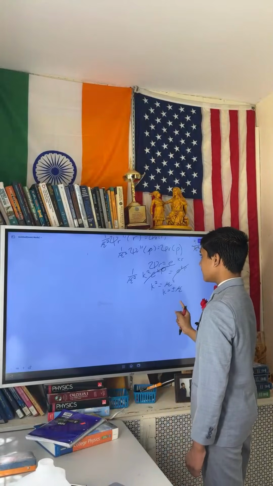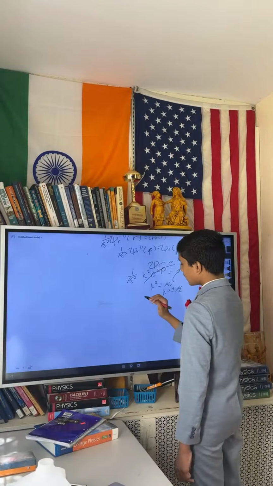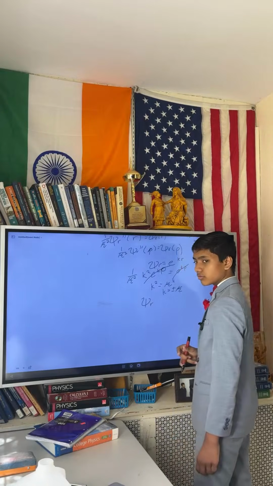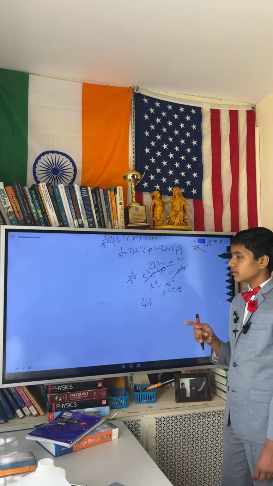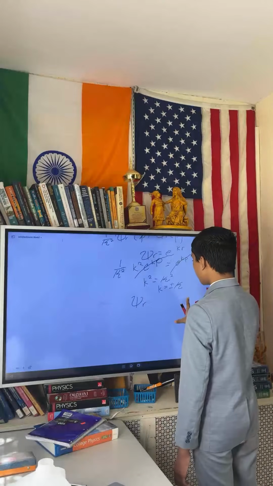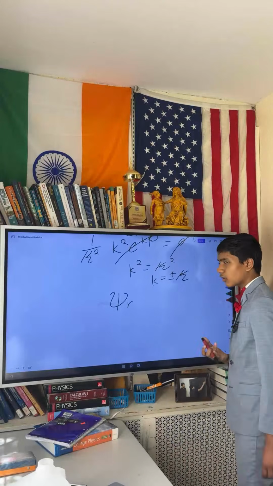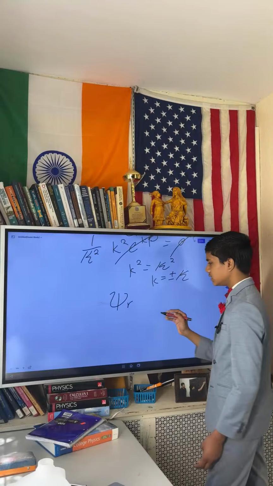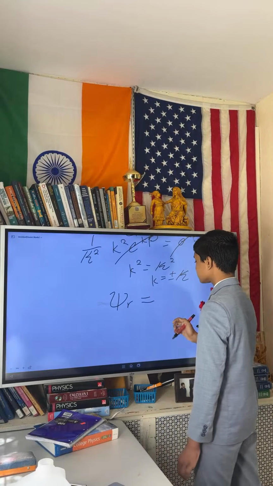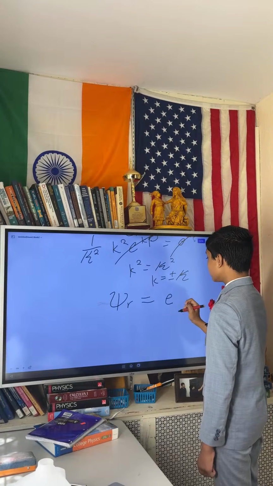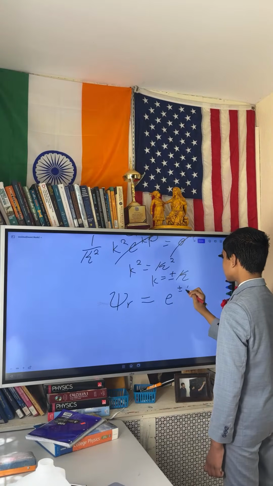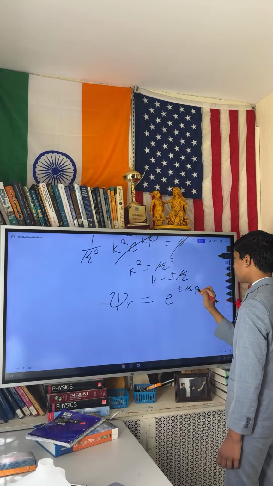And hence, that means that psi r as rho approaches infinity is equal to e to the plus minus kappa rho.